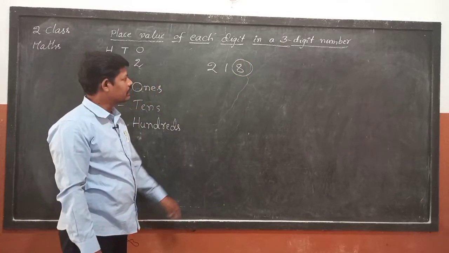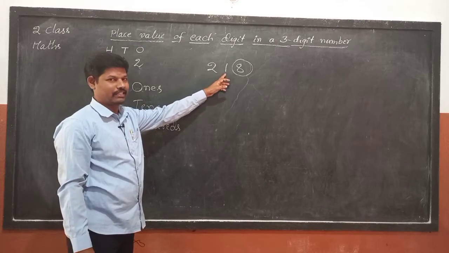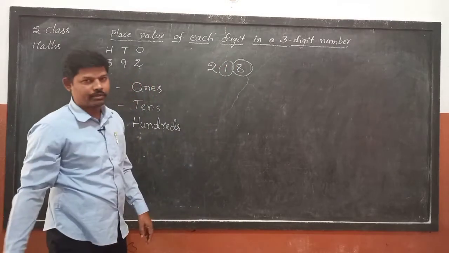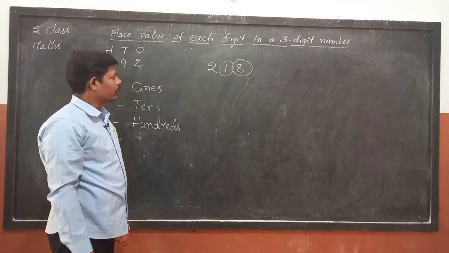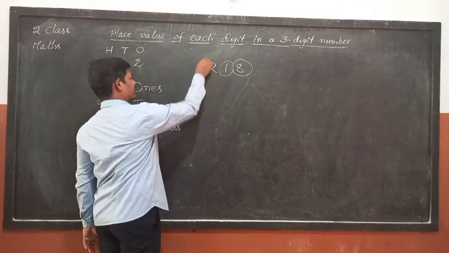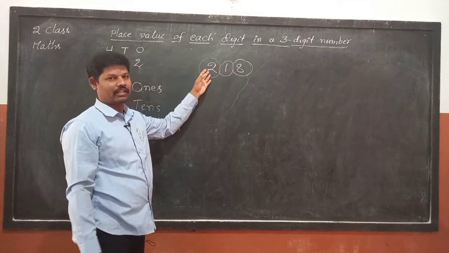And what is the place of 1? This is the tens place. Which number is in the hundreds place? The remaining one. 2 is in the hundreds place. This is ones, tens and hundreds.